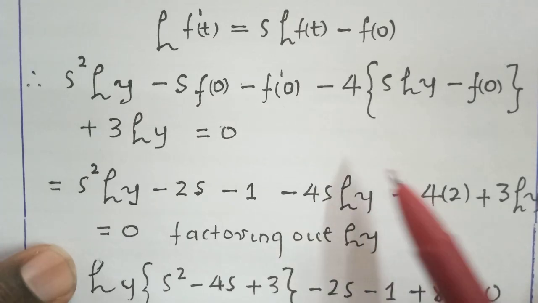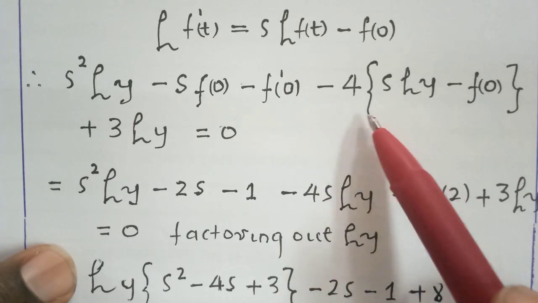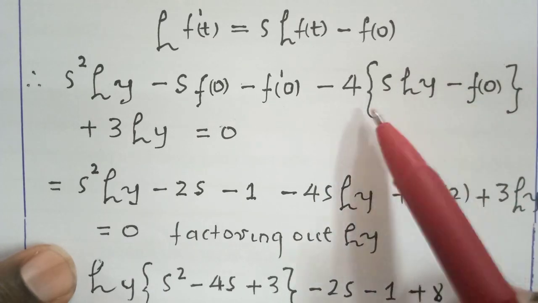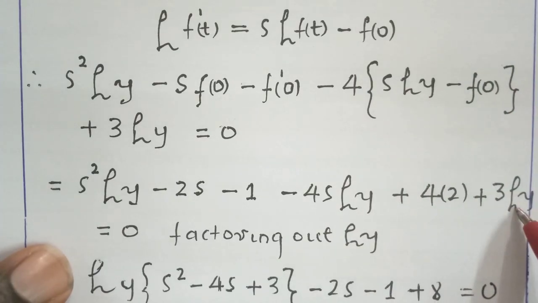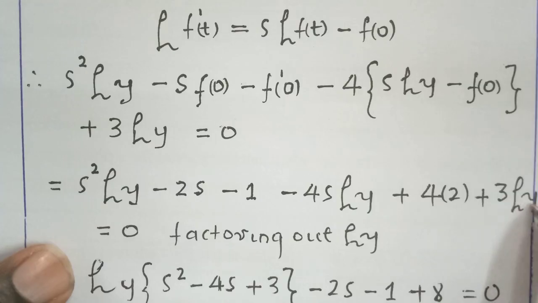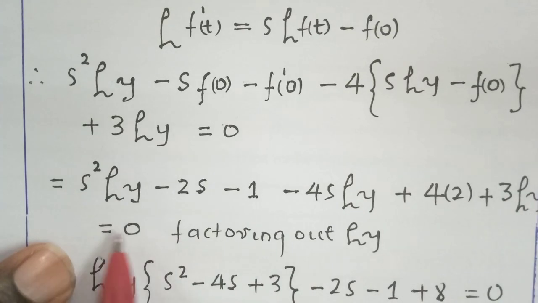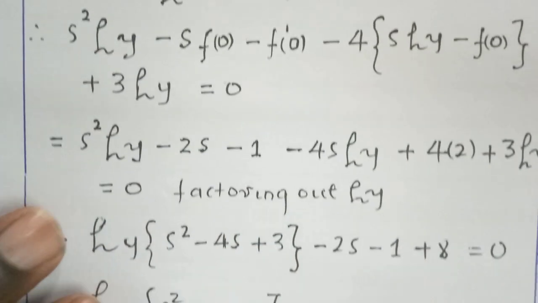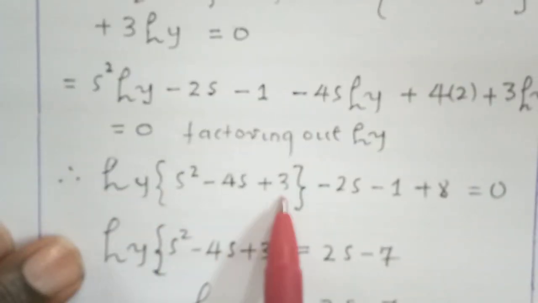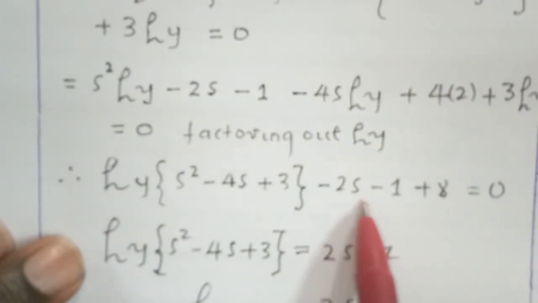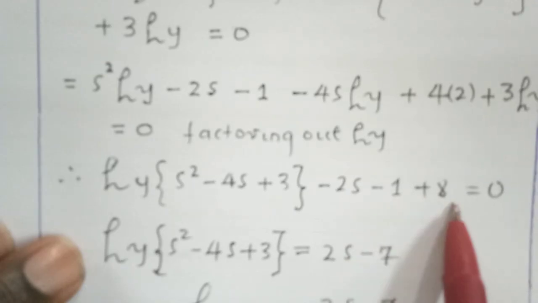What we have done is that I have removed this bracket, so I have multiplied 4 by 2. Now plus the last one is 3 Laplace transform of y. This one now gives us 0. Now we can factor out the Laplace transform of y. We are left with that, and then minus 2s minus 1 plus 8.